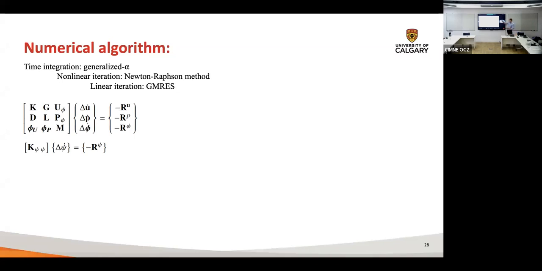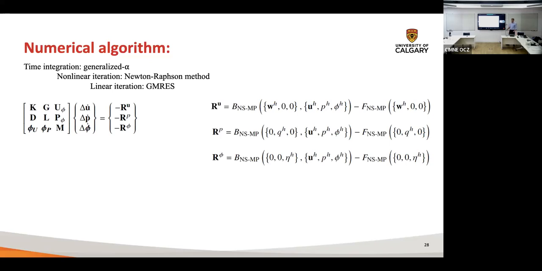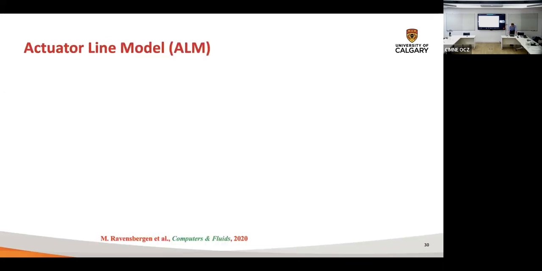For the marine case, you have a block of the coupled momentum and continuity with the transport equation. You solve that and update your solution, then solve your level set and update the solution, then solve your redistancing. This is what the residuals look like. For the wind case, it's nothing but the coupled Navier-Stokes and the advection-diffusion equation, so pretty easy in that case.